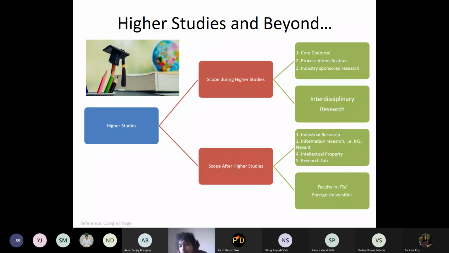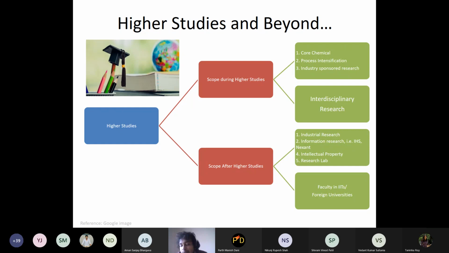Because when I talk about all these softwares I use for plant support or kinetics estimation, I need proper thermodynamics, right? And who will give me that? That needs someone with expertise to tell me, this is the correct property, you use that. Those are the kinds of research going on.